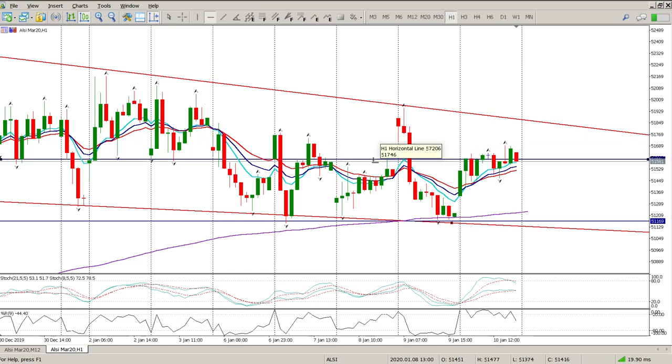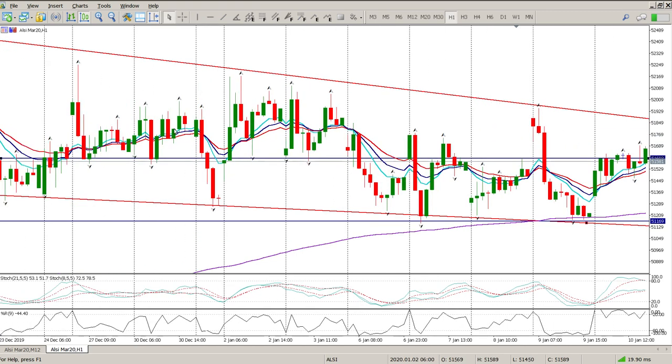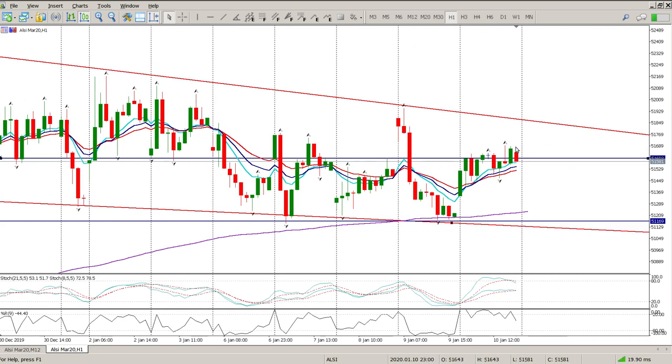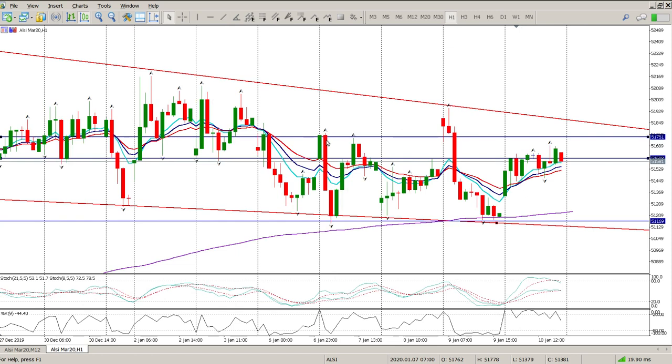Okay, so let's just start with this one here. If you look to the left, you can see a lot of interaction at this area where we closed, and that is the 51600 area. Then just above it is another pretty significant area, which is 51750.